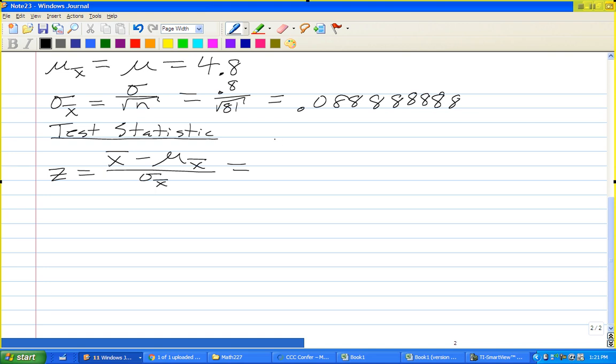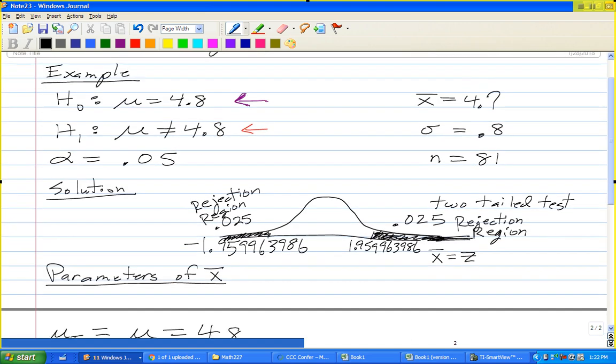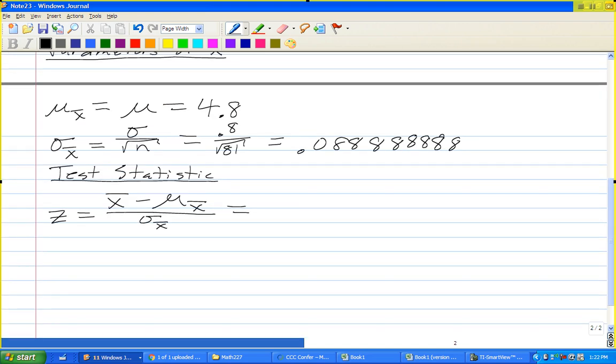And so x is 4.7, minus 4.8, over 0.088. Oh, that's a nice number, isn't it? So this is equal to a negative 1.125.